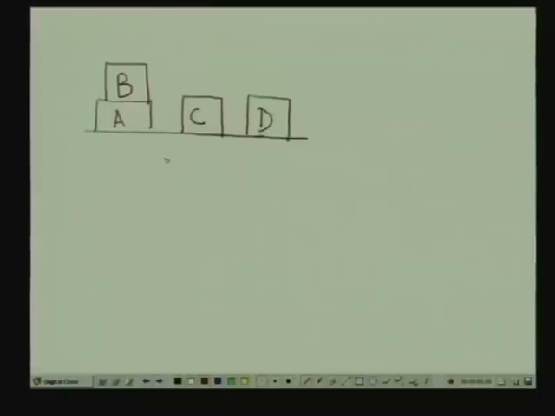This is my initial state, some particular state, say S j. This is the state of this, and I want to come to another state, that is my desired state, which should be A, on that there should be B.